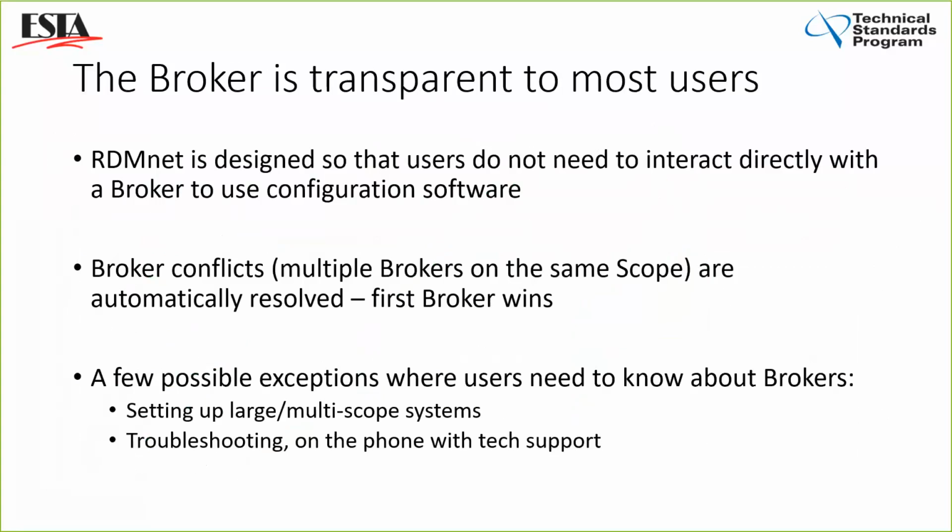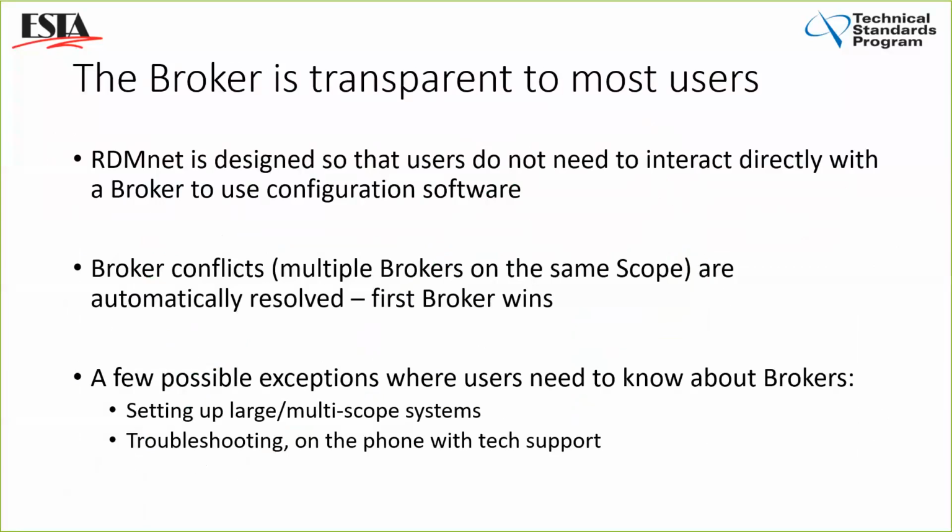Another thing that's important to realize about the broker is that the broker is transparent to most users. The RDMnet protocol is designed so that most users don't need to interact directly with a broker to use configuration software. So in well-designed software components, the user won't have to go through a step of, oh, make sure the broker is on before you do anything else. That should just happen automatically in the background.